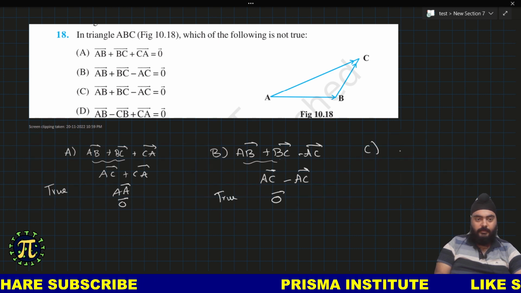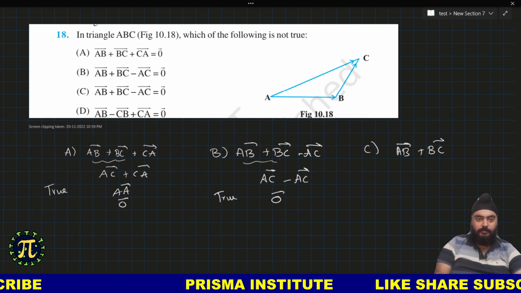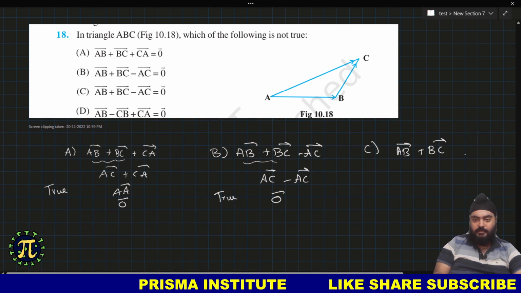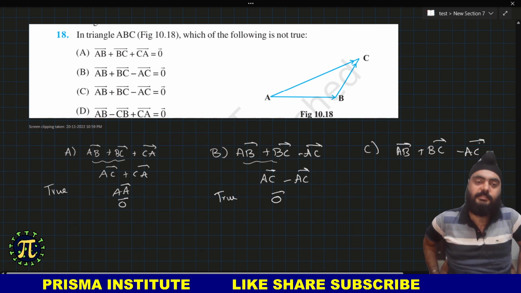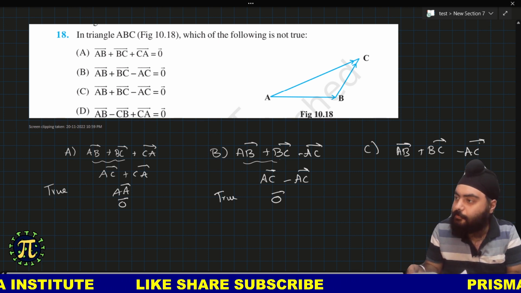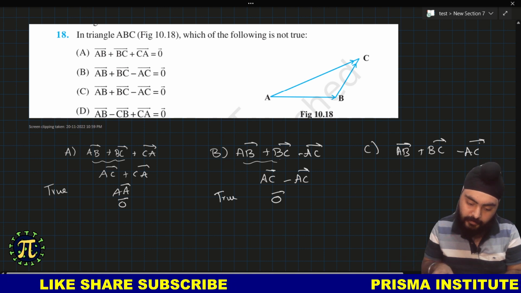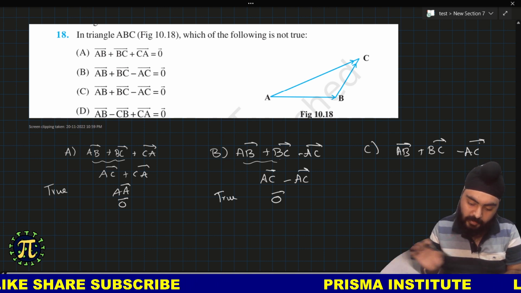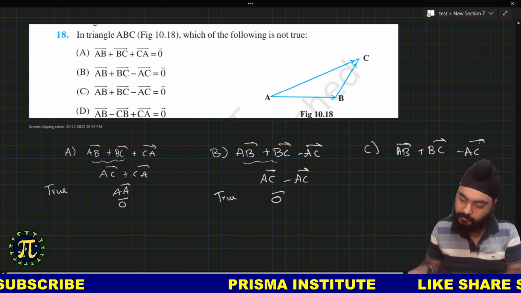C part, AB vector plus BC vector minus AC. So is there a problem in this print? I can check in the NCERT. So options B and C look the same. I have an NCERT over here. I can check that. So this is vector algebra and exercise 10.2.